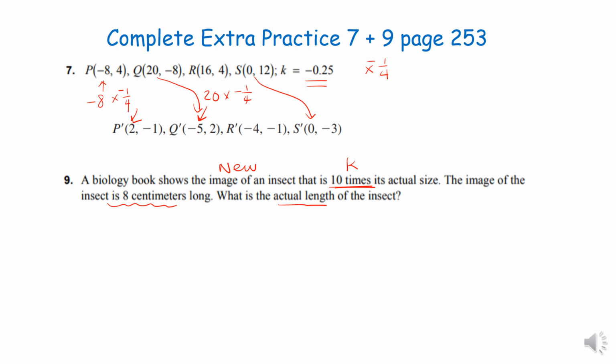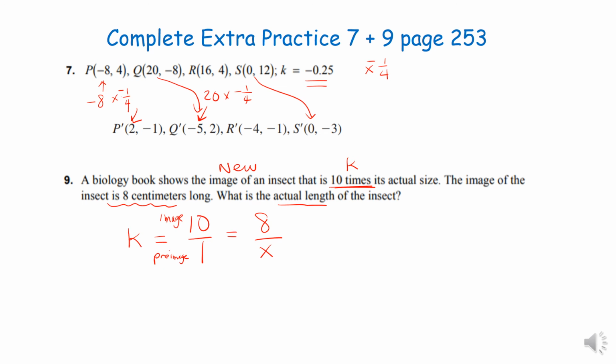So the first thing we're going to do is set up our ratio, which is 10 to 1. Okay, then we're going to set that equal to 8 to what we don't know. Remember, this is 10 to 1. It's our image to our pre-image, and we're using our scale factor to be able to figure that out.